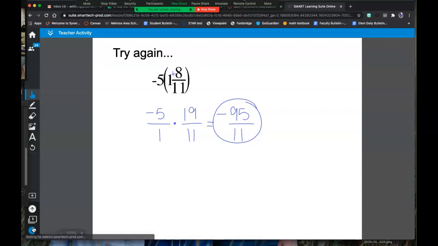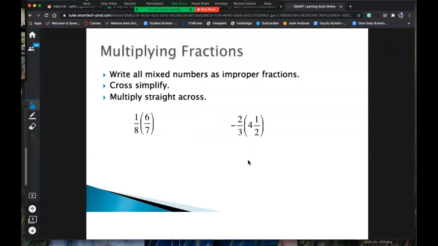Okay, the next one. I'm going to go over these two problems with you. So multiplying fractions, this time we're going to talk about cross simplifying so that we don't always have to wait until the very end to simplify, okay? So when I look at this first one, I don't have to do any rewriting mixed numbers as improper fractions.